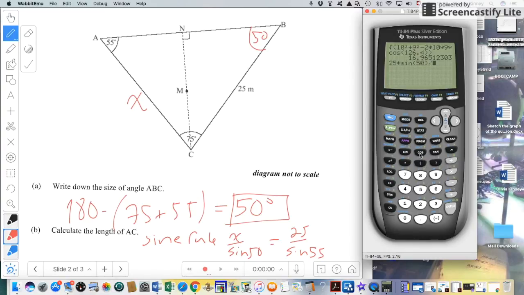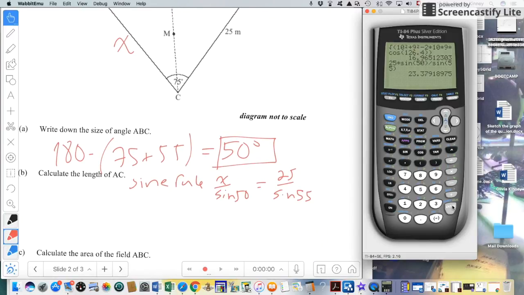Notice that I put the brackets in there, got to put that in there. 23.4. So x is 23.4. That's the length of the opposite side, and that's going to be meters.